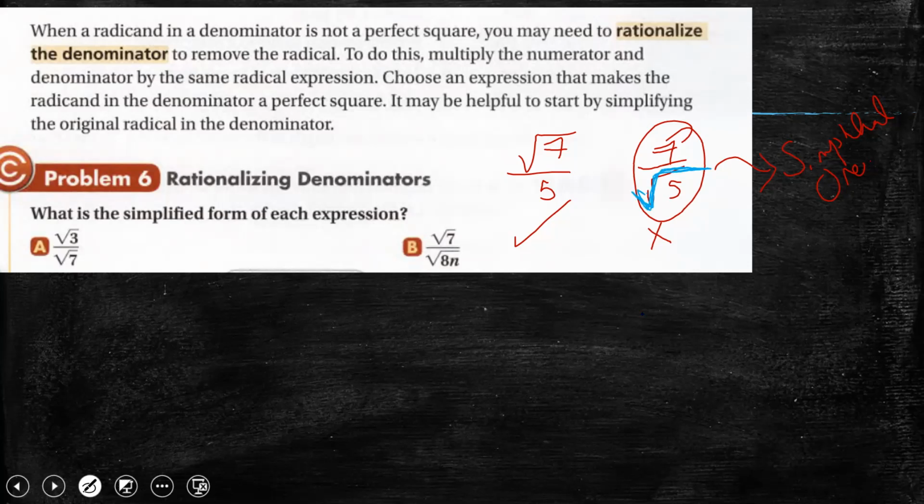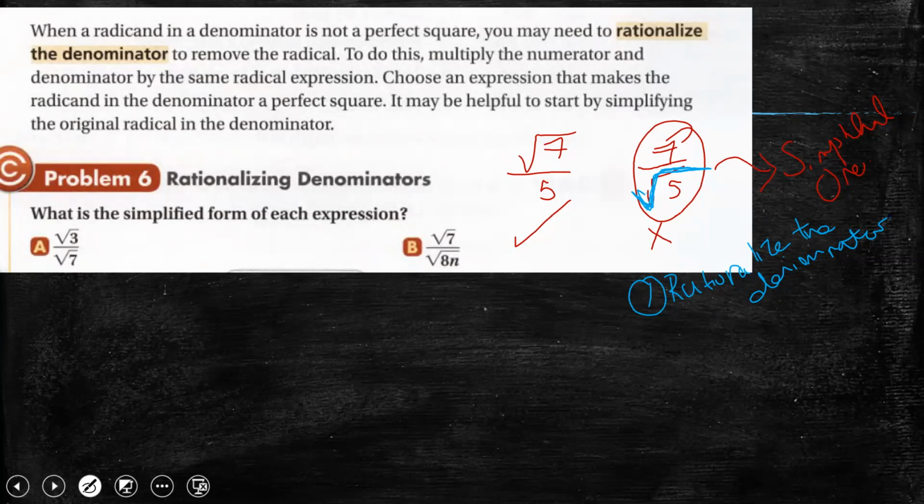We call it rationalize the denominator. What are the steps? The first step, you have to multiply the numerator and the denominator by the same radical expression.